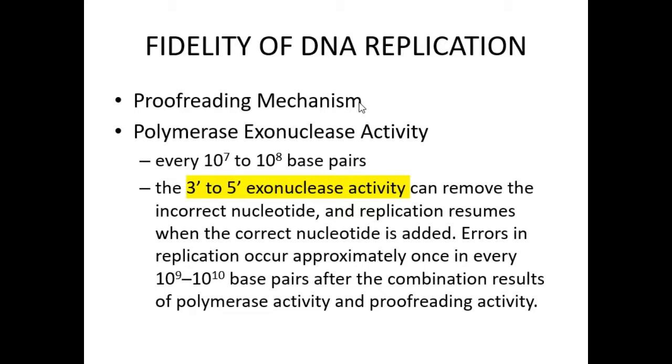And if an error has been introduced, then the cell has the mechanism to fix the error. They have this proofreading activity of the DNA polymerase, so they can make sure of the replication accuracy. For example, the 3' to 5' exonuclease activity of DNA polymerase is a key player to make sure you have accurate DNA replication.